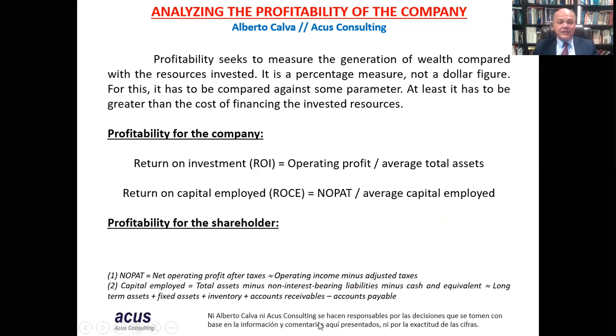Okay, now, what is the capital employed? The capital employed is basically the total assets minus non-interest bearing liabilities and minus cash and equivalents. And the reason here is the non-interest bearing liabilities. Why are we reducing this? Okay, in here is the debt that we have with suppliers. Let's say the accounts payable. When we take 30 days to pay the supplier, we are financing with the supplier. Does that have a cost? Yes, it does. It's not explicit, but it has a cost.